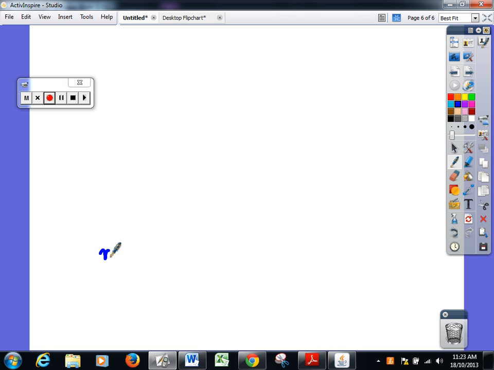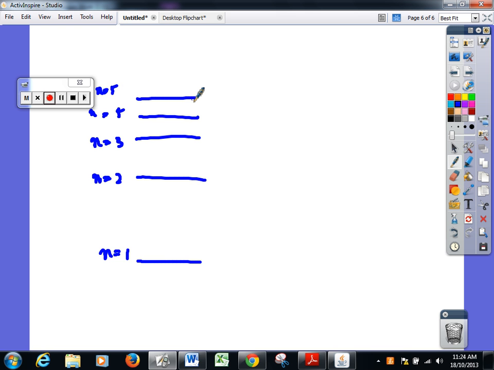So here's my n equals 1, n equals 2, n equals 3, n equals 4, n equals 5. You should notice that they're getting closer and closer together. Imagine you do 5.